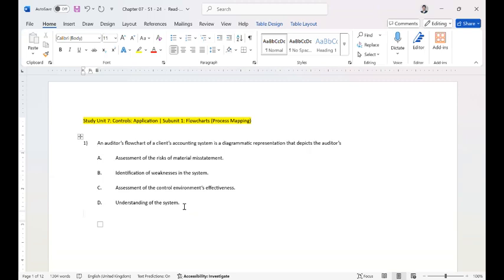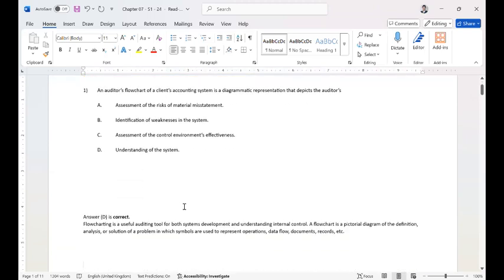You flowchart to get an understanding of the internal controls in certain areas. So if the controls over receiving or issuing goods in inventory are weak, then the risk of material misstatement in inventory and the current assets is higher. The risk of material misstatement is high when controls are weak, right?